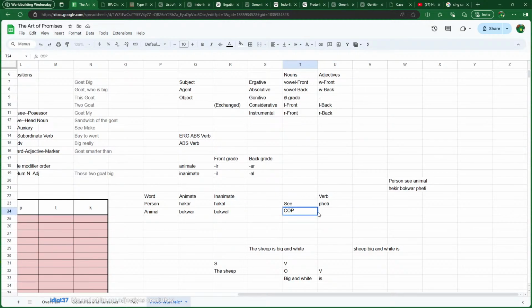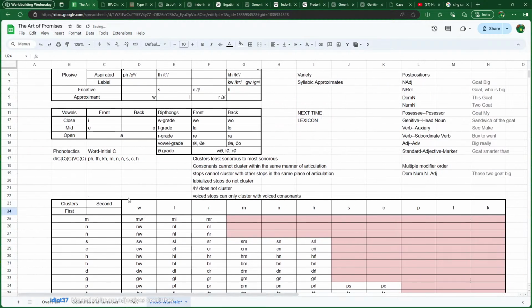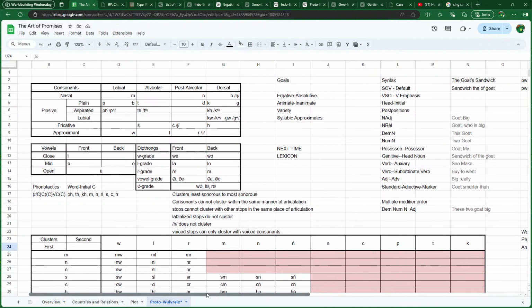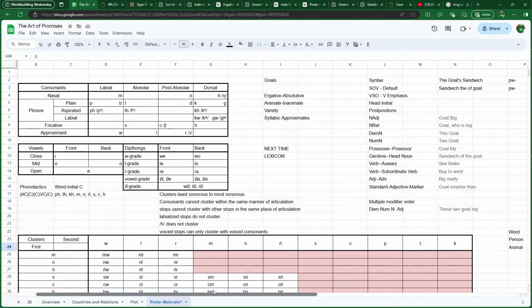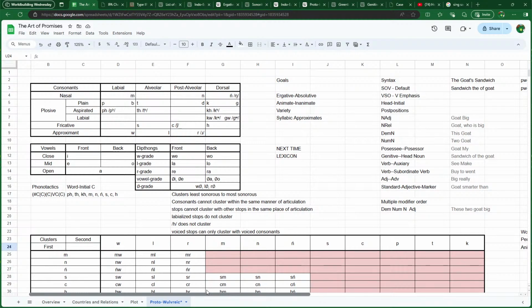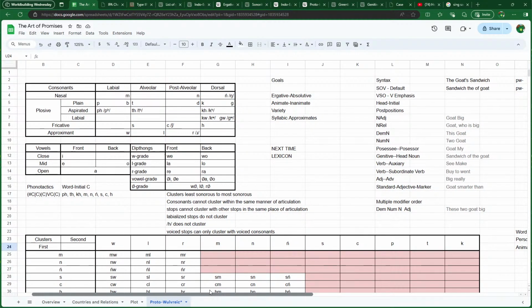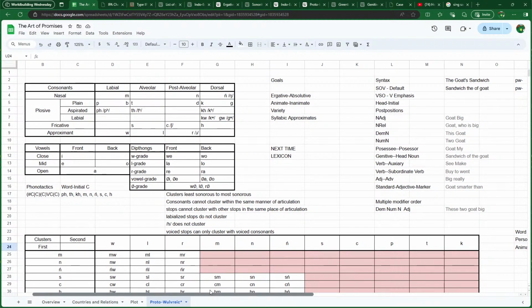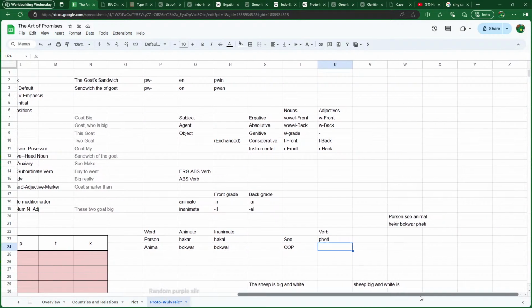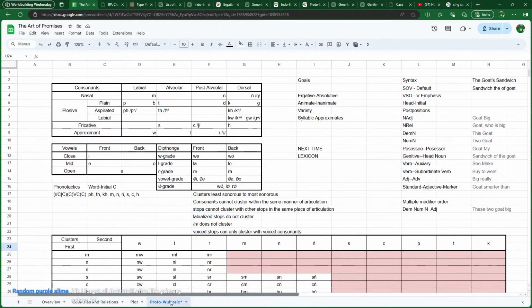So we will have it be sail, right? Actually, we can have it be anything.